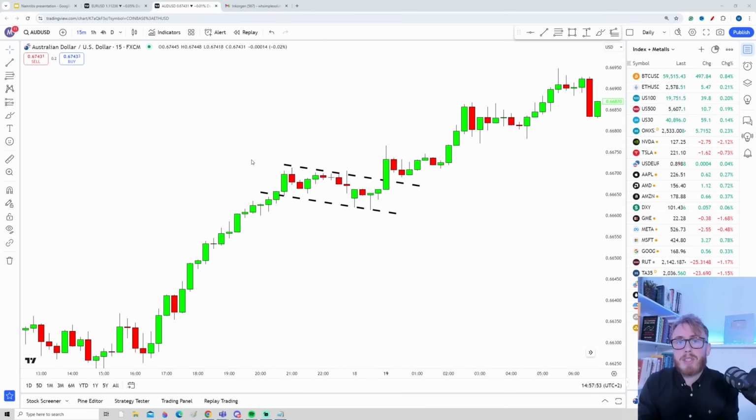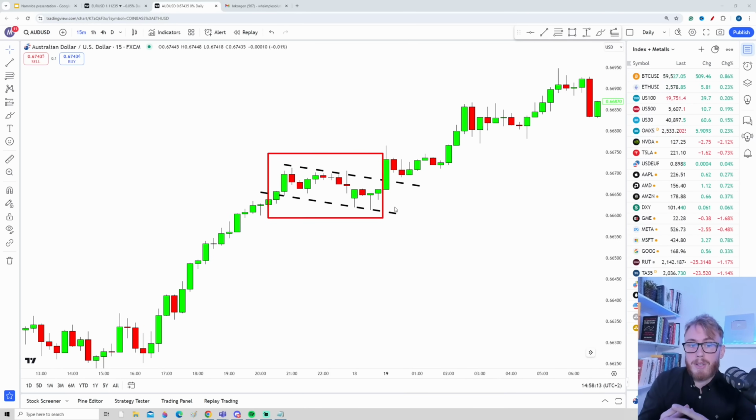The first thing we can notice about this pullback is that before the pullback appeared, we had a very strong impulsive move. We had a very strong trend leg, and that is a good sign. And then right here, we saw the actual pullback appear. And remember from earlier in this course, I talked about some signs we're looking out for in pullbacks.